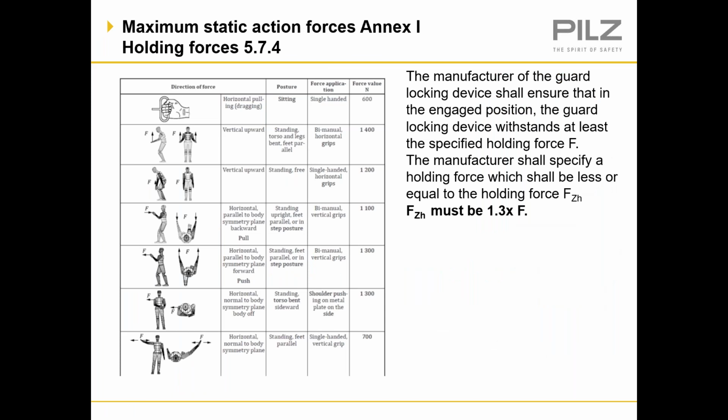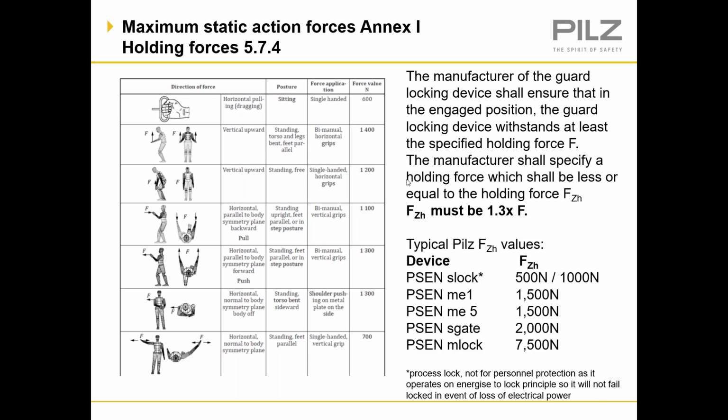And then what was discussed earlier was the maximum static action forces. This is in Annex 1. The manufacturer of the guard locking device shall ensure that in the engaged position, the guard locking device withstands at least the specified holding force F. The manufacturer shall specify a holding force which shall be less or equal to the holding force, and that must be at least 1.3 times the force.